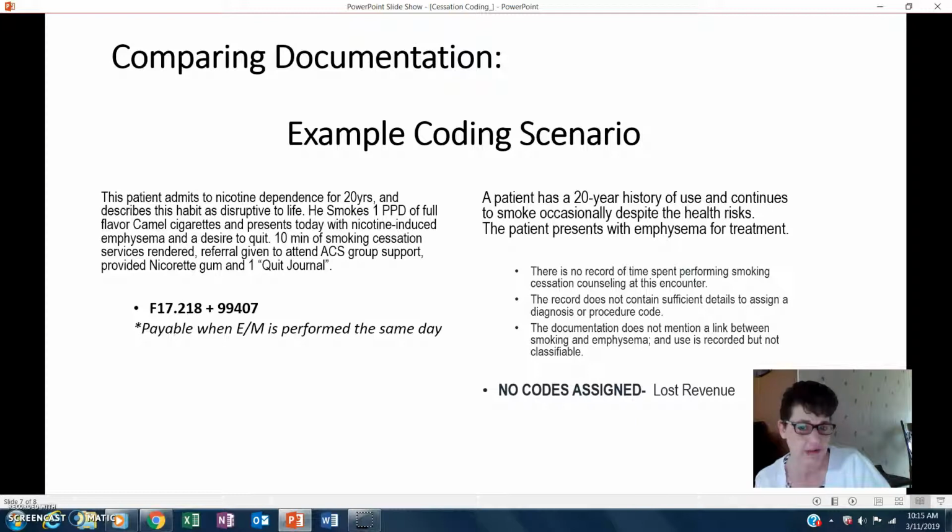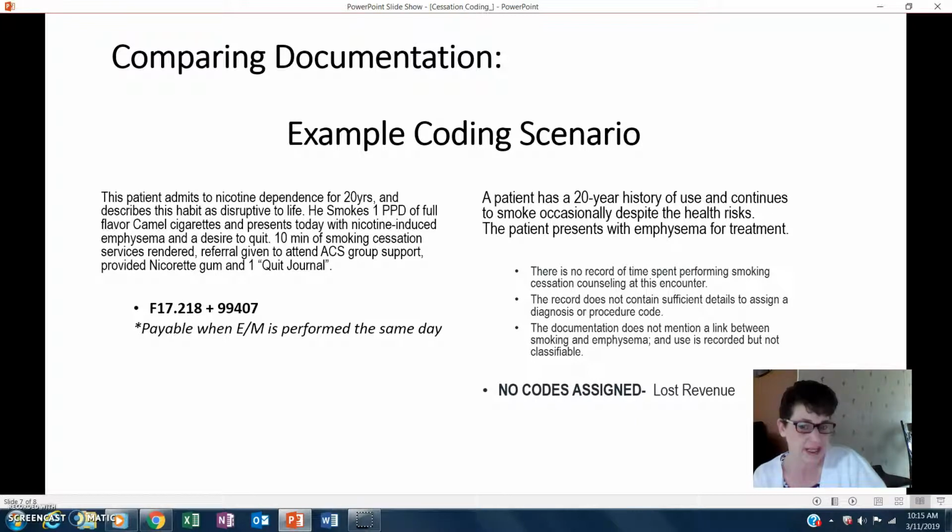So he documents he spent 10 minutes on smoking cessation, and he's given him a referral to attend the American Cancer Society Group Support Center, as well as Nicorette gum, and a quit journal to describe his journey along his abstinence.